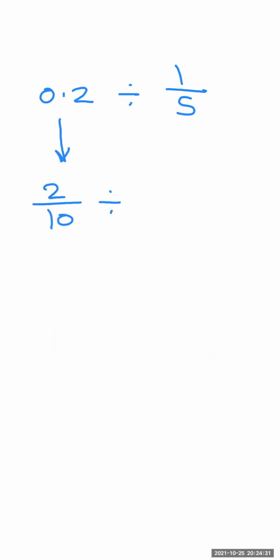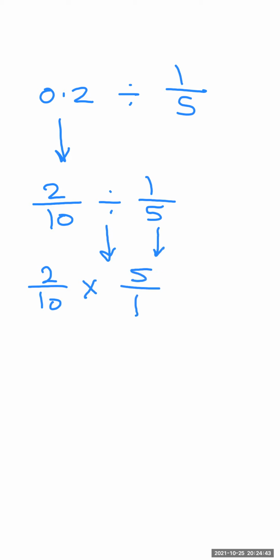Again, that's 0.2 divided by 1 over 5. So 0.2 as a decimal number, if I want to convert it into a fraction, it will be 2 over 10, then divided by 1 over 5. Then again, write down the first number, change the division into multiplication, flip the number, then simplify.